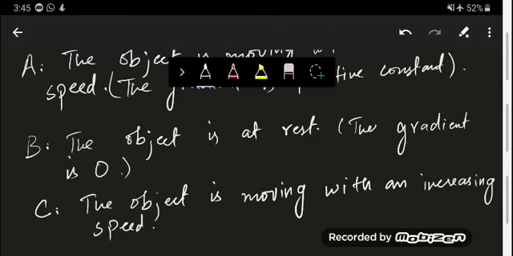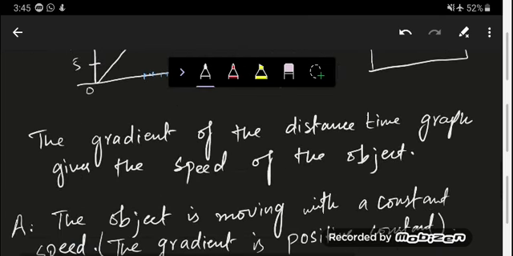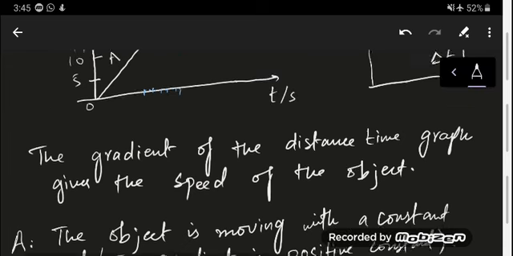So object is moving with an increasing speed here, right? And why is that? Because the gradient is increasing. Remember that the gradient of the distance time graph gives the speed of the object. This will help you a lot.